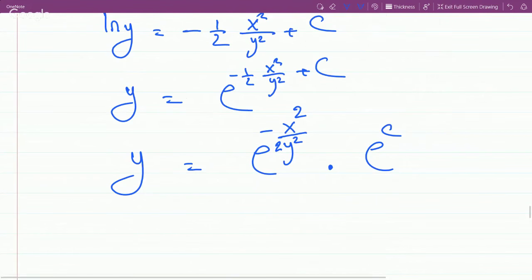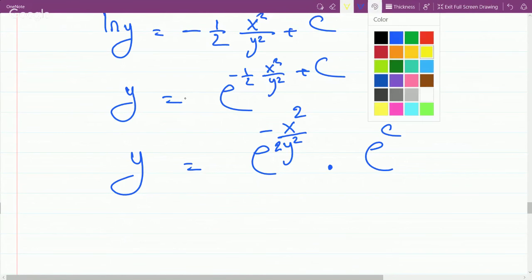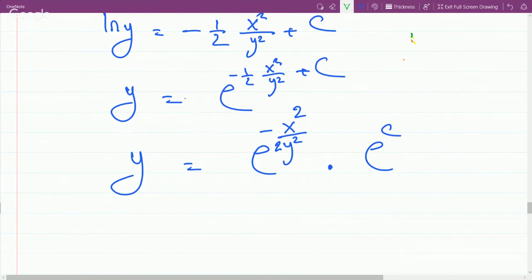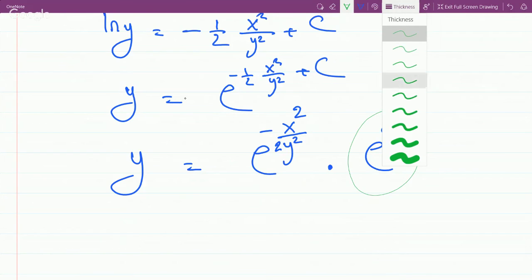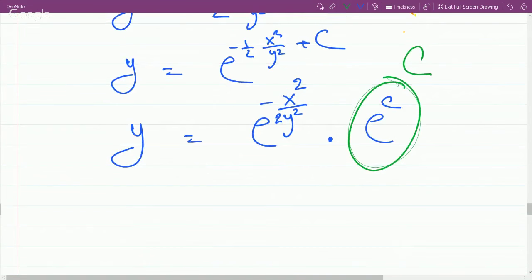E to the c is just another c, so I can rewrite this final answer as y equals.